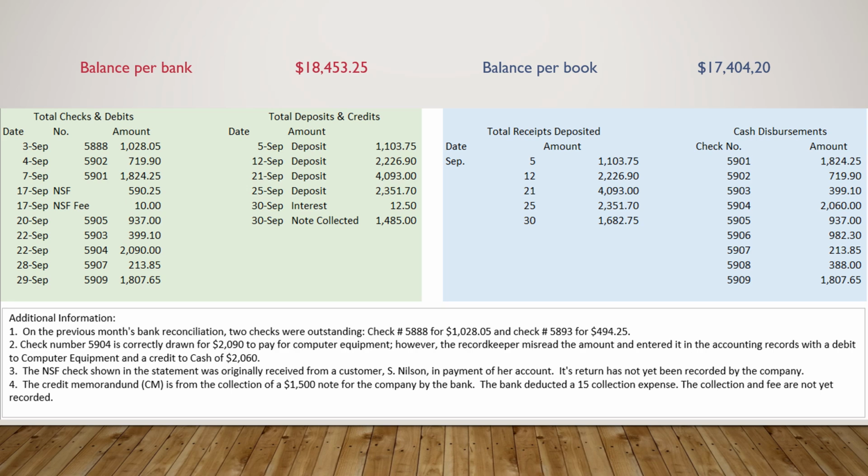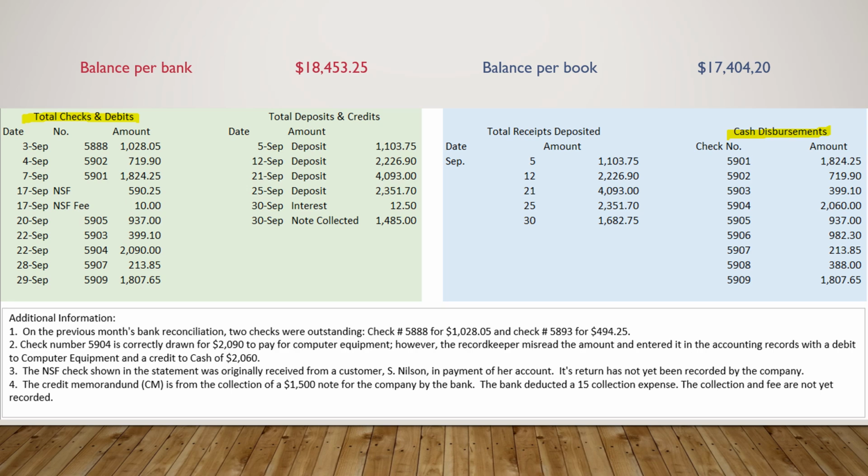So what checks are outstanding as of the end of September? We see our cash disbursements according to our general ledger on the far right side of the page, replete with check numbers, and we see the deductions from our bank account on the far left side of the page, also with check numbers where applicable.